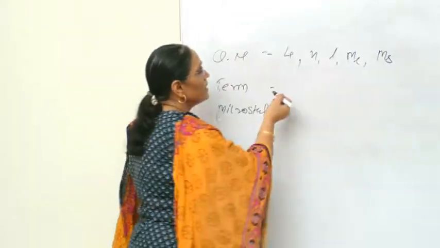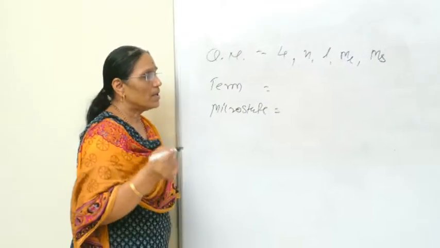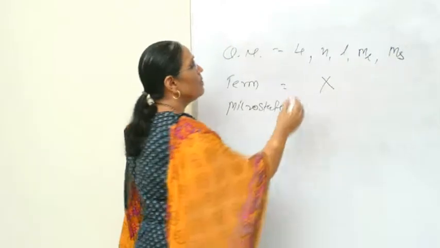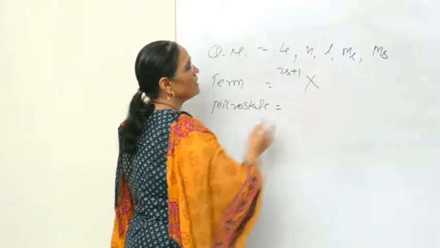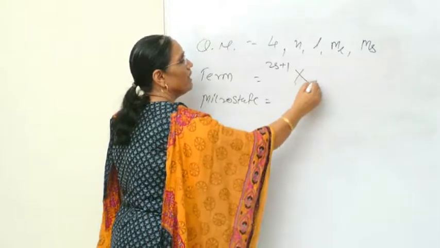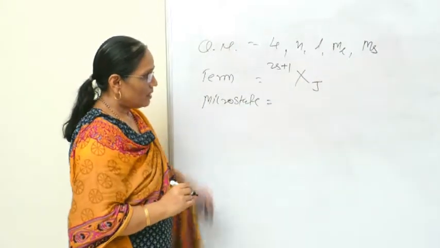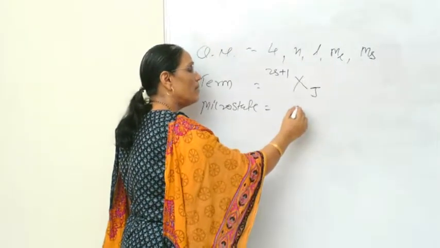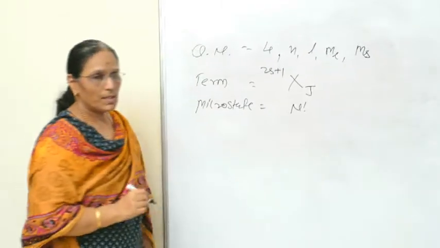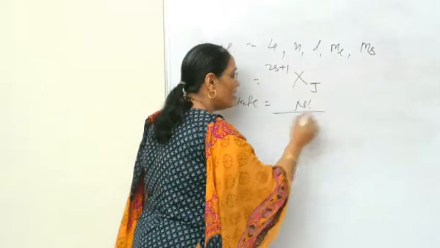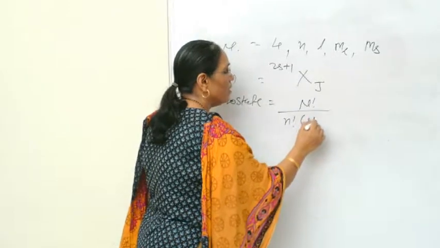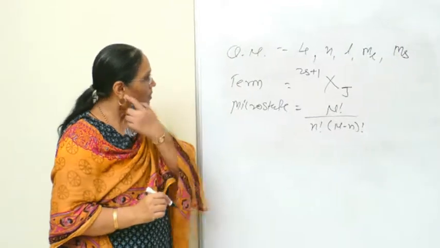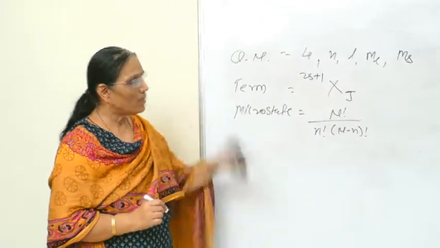Term is the energy level which arises for the given configuration, and it is designated by the symbol 2S plus 1, X and J value. And microstate is the representation of an electron with the help of ms and ml values, and the number of microstates for a given configuration can be obtained by the n factorial equation. And a few examples we have solved about obtaining the total number of microstates.